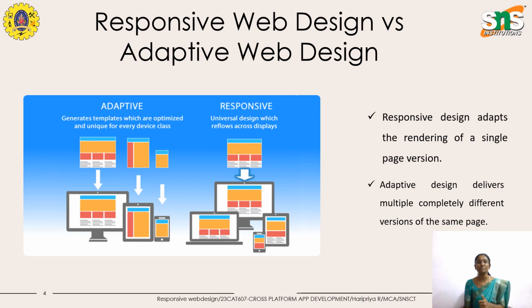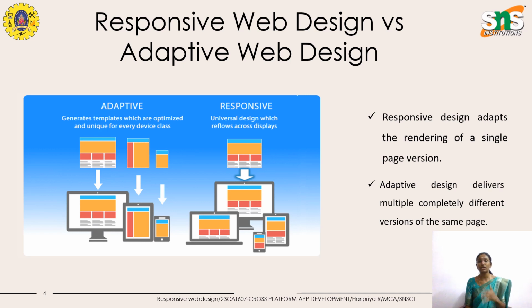What is meant by RWD and AWD? RWD is responsive web design, and AWD is adaptive web design. Here I will give you a diagram. In adaptive design, the template is optimized and unique to every device class.